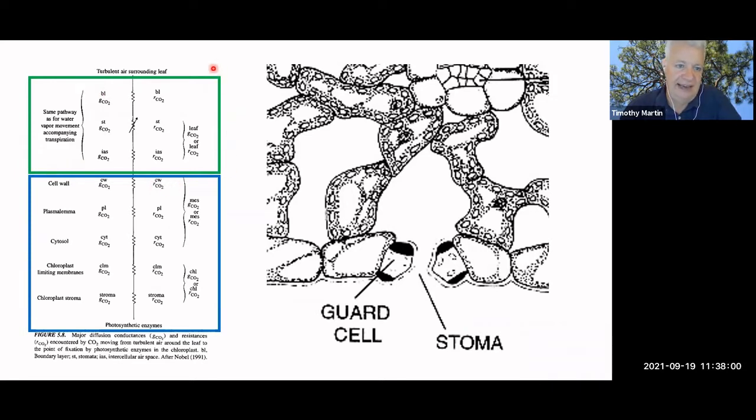We're talking about gas phase resistances or conductances, which basically go from the boundary layer around the leaf through the stomata and into the intercellular spaces, and then the mesophyll or non-stomatal components, which are basically when the CO2 molecule needs to move through the cell wall, through the cell membrane, through the cytosol or cytoplasm, through the chloroplast membrane, and then across the chloroplast stroma.